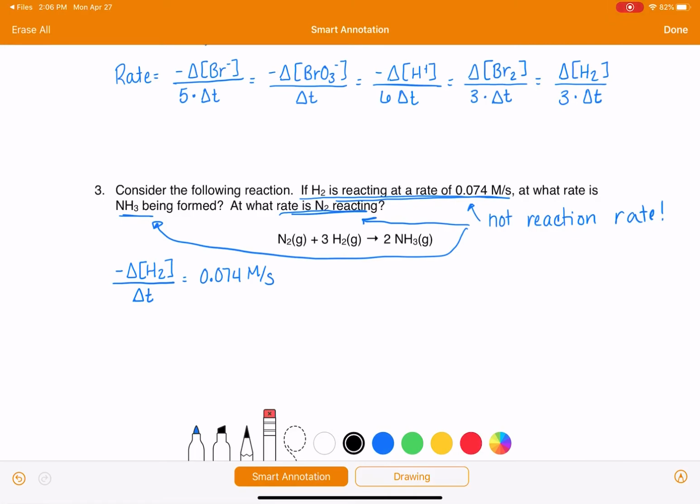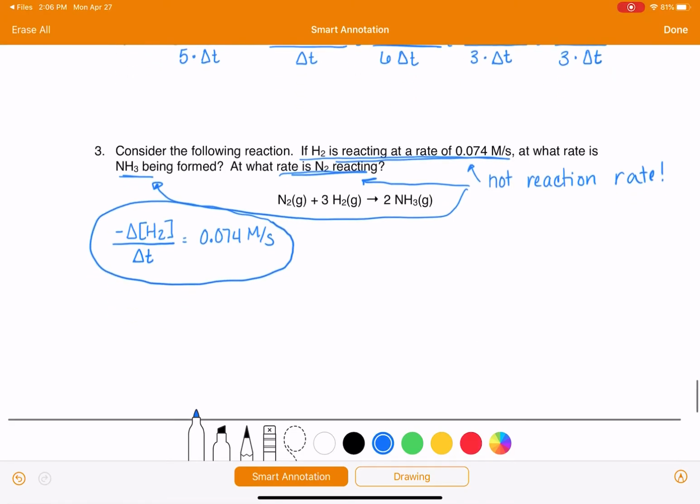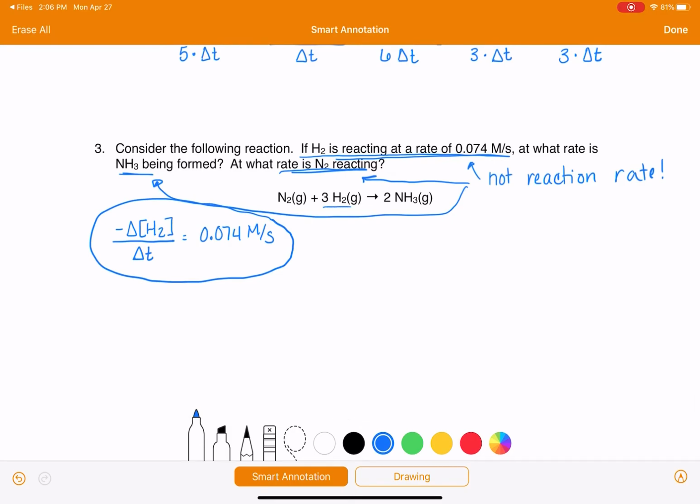And again, we're not including stoichiometry in this because this number, 0.074, is not a reaction rate. It is specific to H2. If we want to go from H2 to NH3, we have to figure out how those two are related to each other, and that is the reaction rate. So this is where we're going to bring in stoichiometric coefficients.